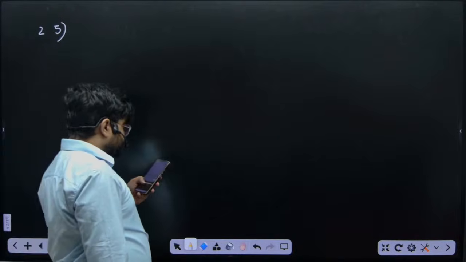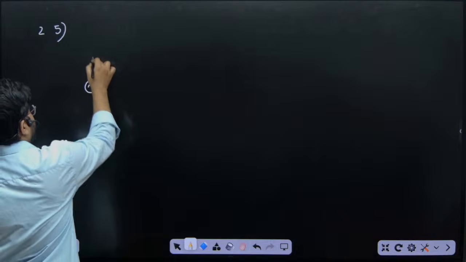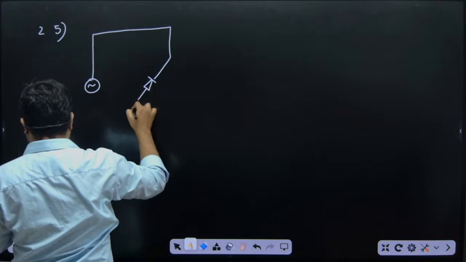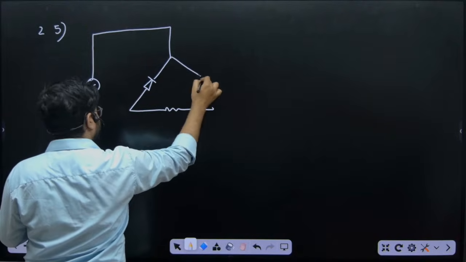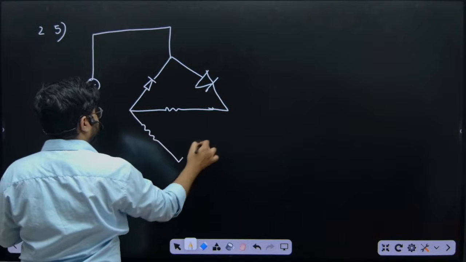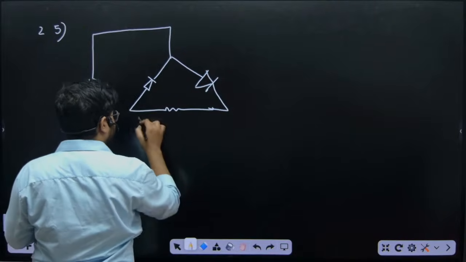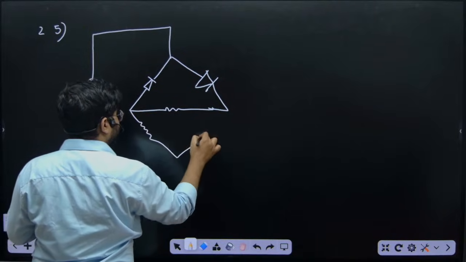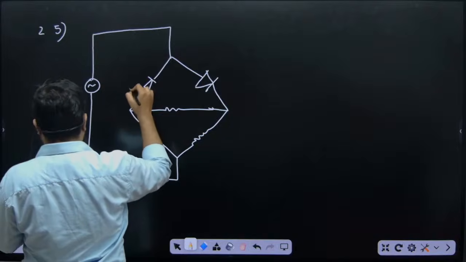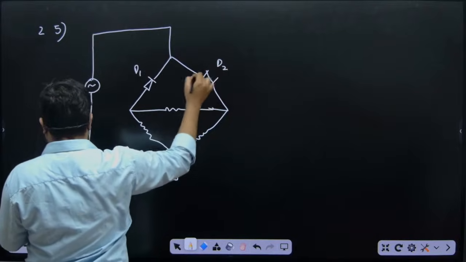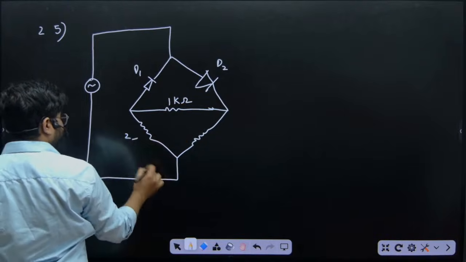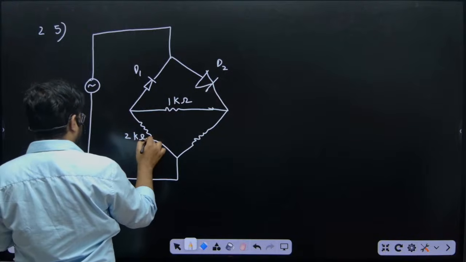25. They have given us a diagram here. So we have two diodes, D1 and D2, and the resistances are given: 1 kilo ohm, 2 kilo ohm, 3 kilo ohm.